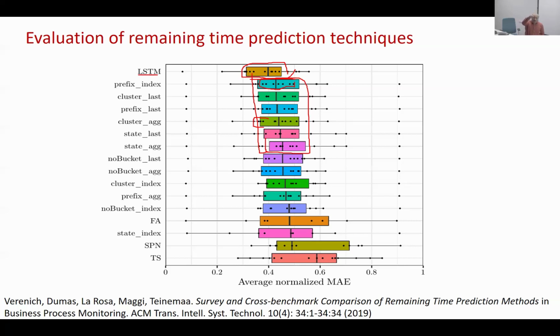So you take the prefix of length 2 of a case, you compute some numbers, and those numbers together with the encoding of the third event are used to make a prediction of the remaining time after the third event. Then that produces some numbers and you inject them back so that you can later make a prediction when the fourth event arrives, and then when the fifth event arrives, and then when the sixth event arrives. You keep injecting information about your previous predictions into the new predictions.